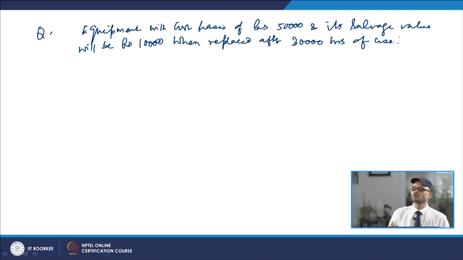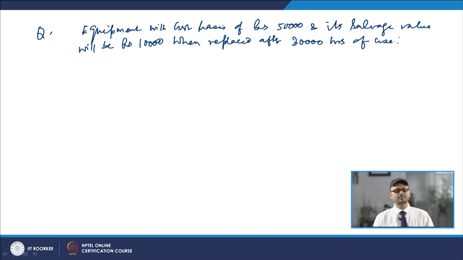Now, in this case you have the instrument which depreciates because of its use, depending on how many hours of use this machine is subjected to. So, this is a unit of production method of depreciation.